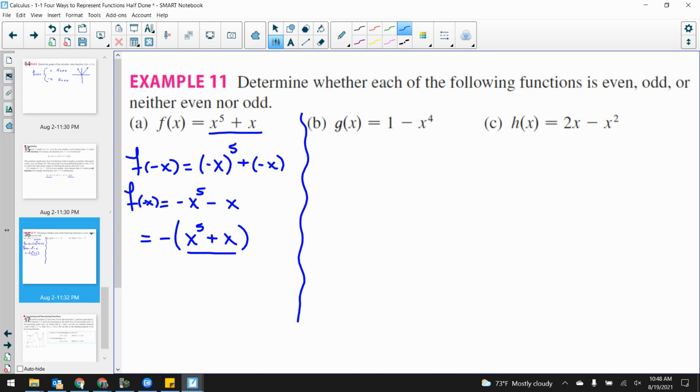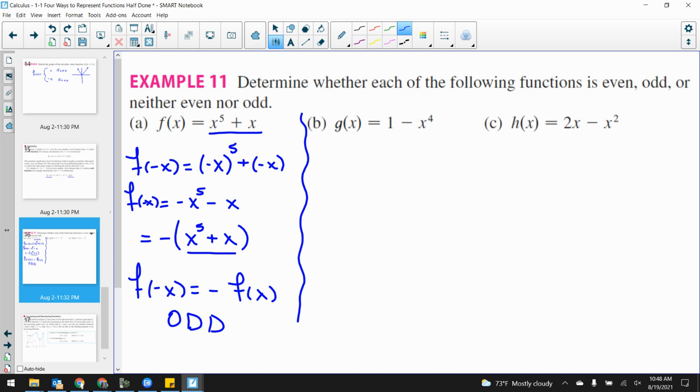So this is truly f of negative x is really equal to negative, and then look at that, isn't that f of x? That's the rule for an odd function. So we can say definitively this is odd. If you can plug in negative x and factor that negative all the way out to the beginning, then it's odd.